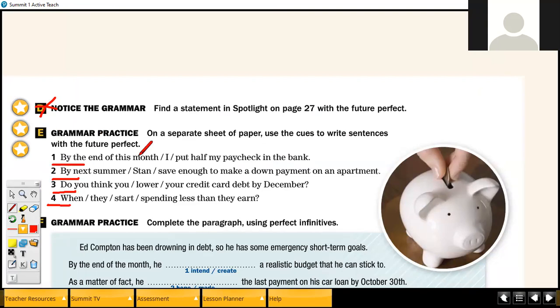By the end of this month, I will have. You have to complete, yes, exactly. Te falta toda la estructura del futuro perfecto.